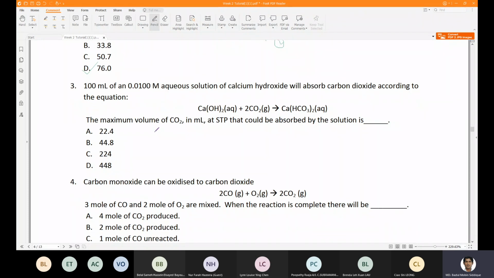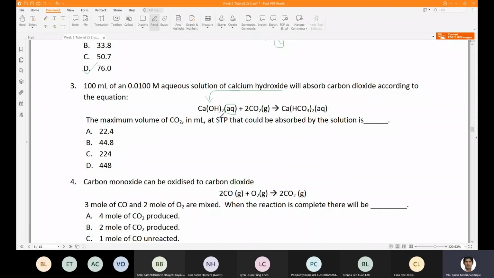Question number 3 says 100 milliliters of 0.01 molar aqueous solution of calcium hydroxide will absorb carbon dioxide according to the equation. Calcium hydroxide, sometimes we call it lime, is in aqueous form, meaning dissolved in water.